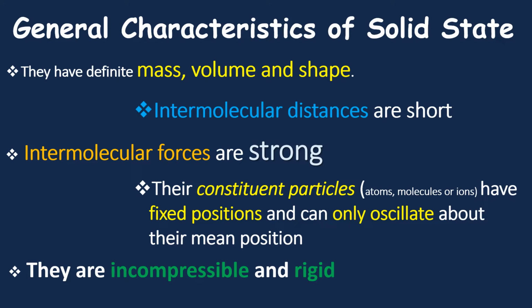If somebody asks you whether the particles are moving in the solid, yes, they are moving, but their motion is not a translatory motion. It is just a vibration. The particles are vibrating in the solids about their mean positions. And the solids are incompressible and rigid in shape, that is, they have definite volume and definite shape.